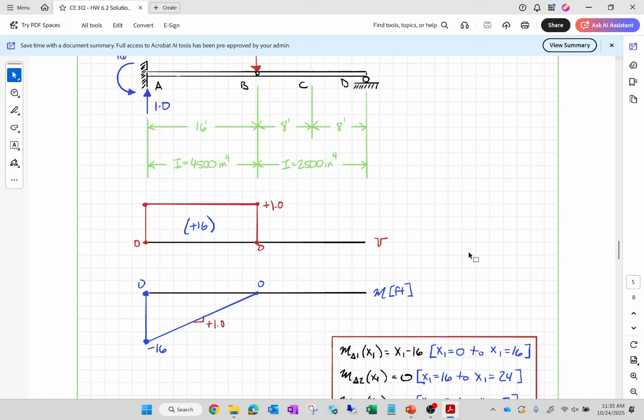Do I need to integrate this region right there? Do I need to do this? Because I'm multiplying by 0, right? Do I need to do this region? It's 0.